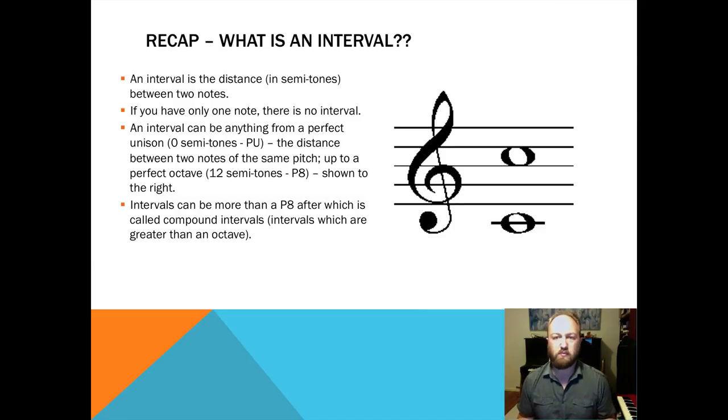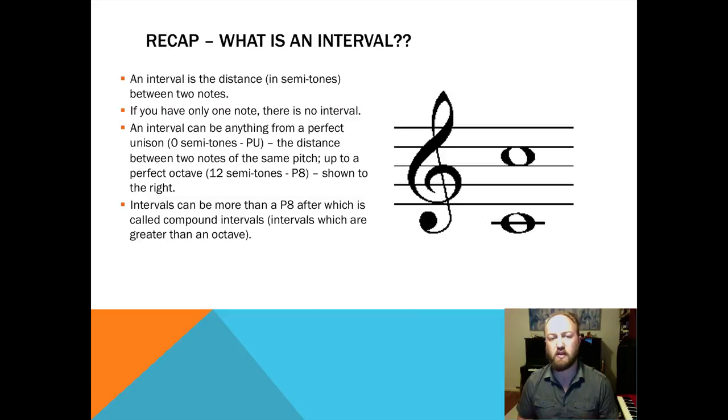So we may as well, before we start talking about how to spell, when you identify an interval, it's often called spelling, the enharmonic spelling of an interval. It's really important. So an interval is the distance between two notes. It's often measured in semitones, semitones being the smallest distance between any two notes in Western music.